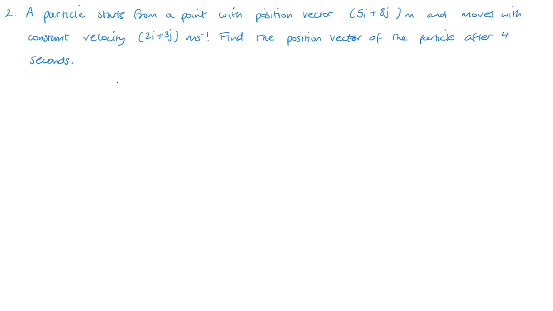So this one, we start with position vector 5i plus 8j. We move with constant velocity 2i plus 3j, and time is equal to 4 seconds. We want the position vector, so r equals r0 plus vt.